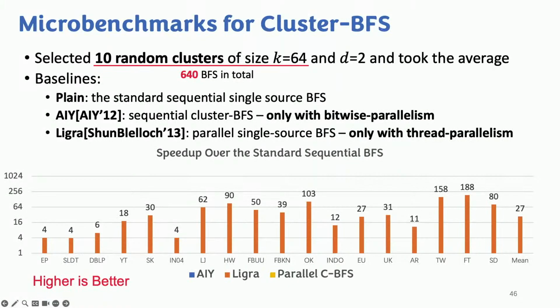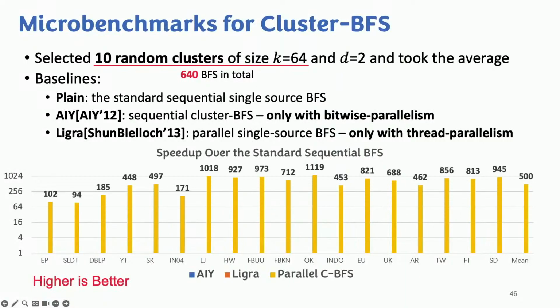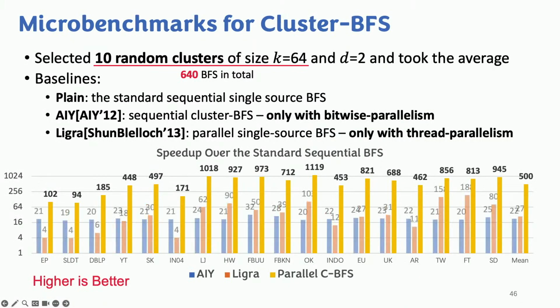The speed up is more than the number of cores because of the backward optimization. And our algorithm, shown as the yellow bar, combines the benefits of both bitwise and thread level parallelism. It has a dramatic improvement with speed up ranging from 4 times to over 1,000 times.